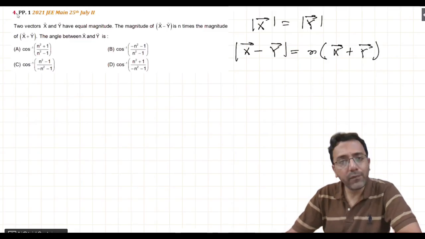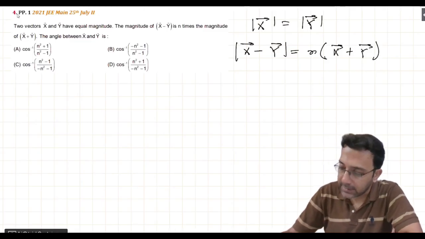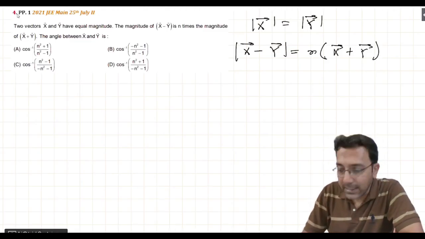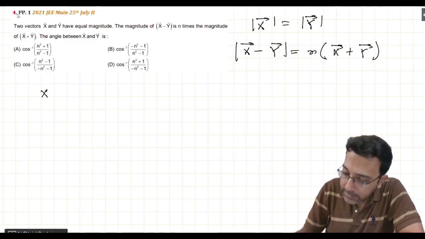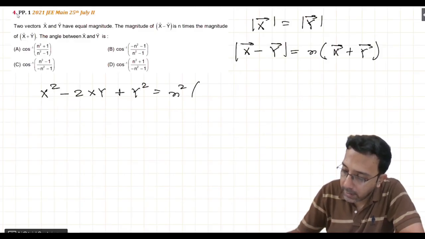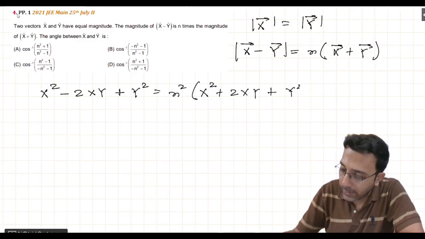I'm writing simple x for the sake of understanding. Now this equation, if I'm squaring on both sides, what I'm going to get is x squared minus 2xy plus y square is equal to n square into x square plus 2xy plus y square.